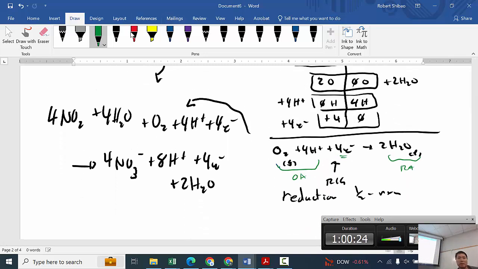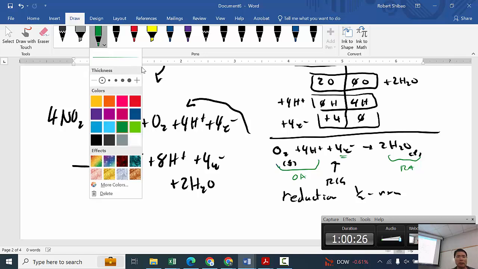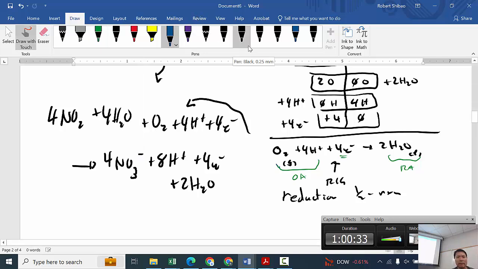What I'm going to do is simplify this. Simplifying this, I have 4 waters.